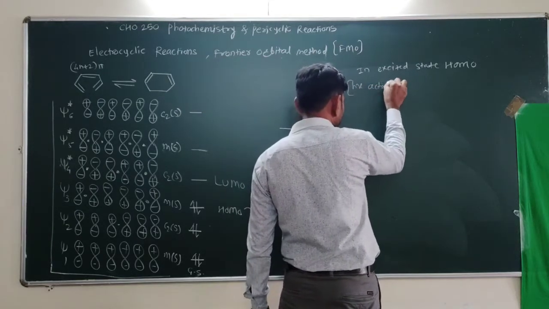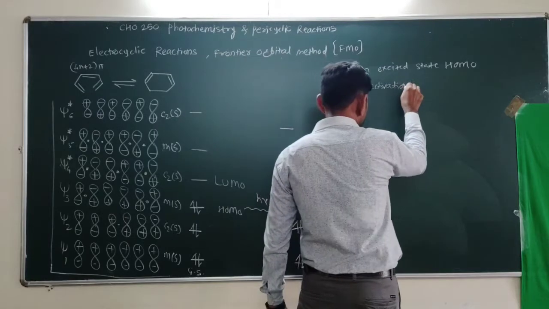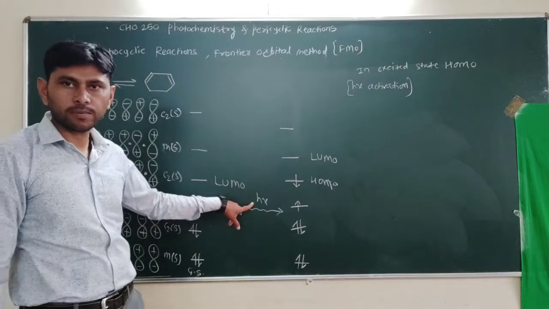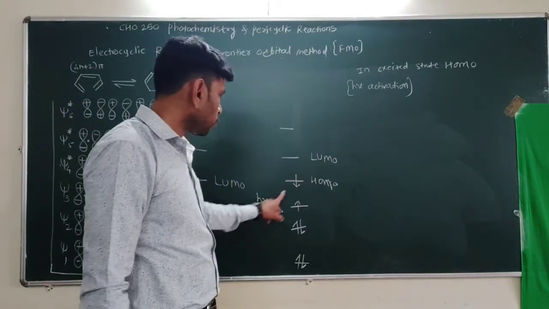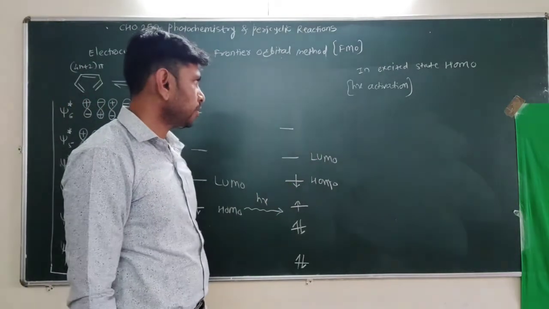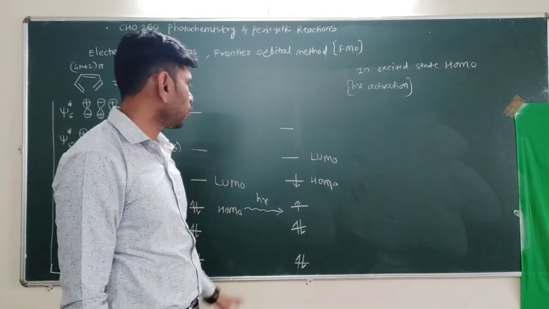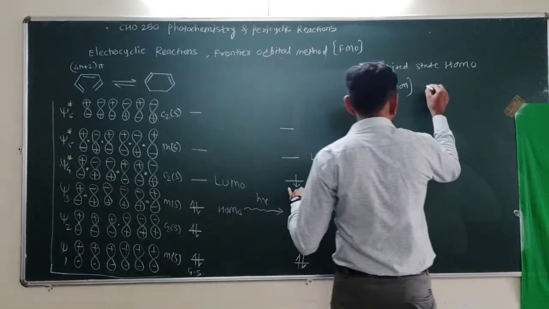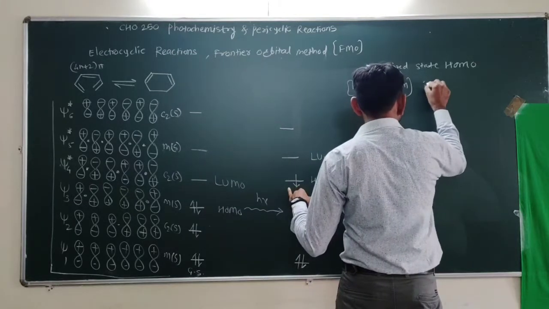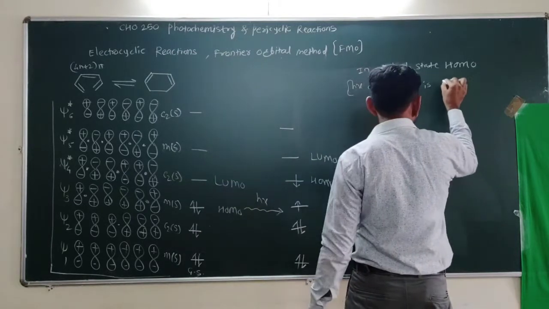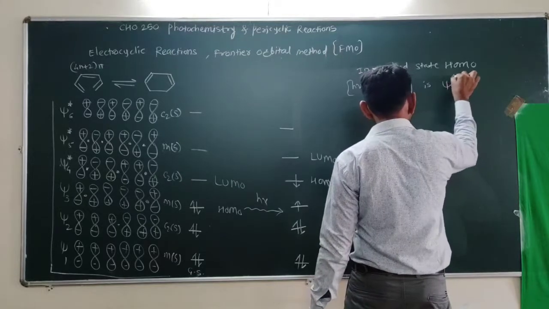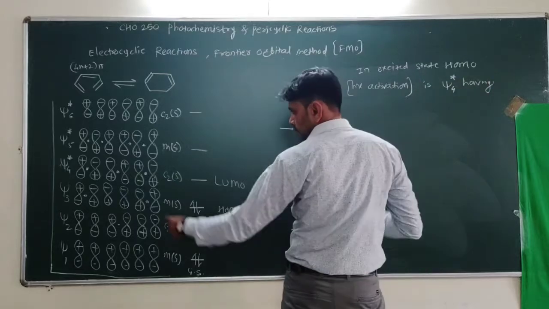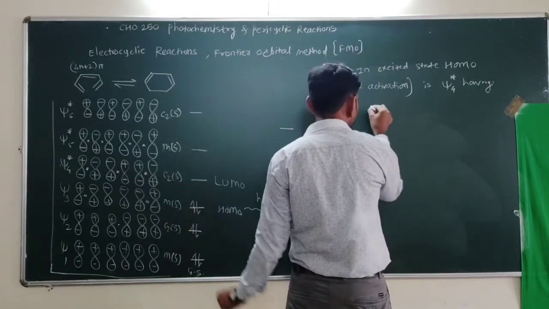When we consider the excited state HOMO, when the activation is by photochemical mode, by photons, Psi4 star is the excited state HOMO. Having which symmetry? Psi4 star has C2 symmetry.